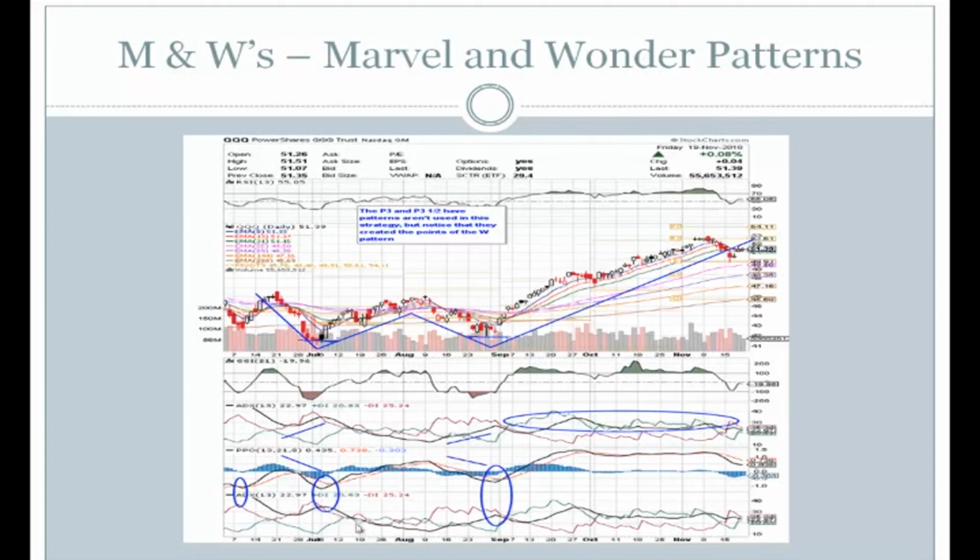There's no point here where the PPO and the ADX lines ran parallel to each other, where the ADX line got in support of the plus DI, where the lines kind of just flattened out and the price rose as much as it could on the momentum of the PPO.